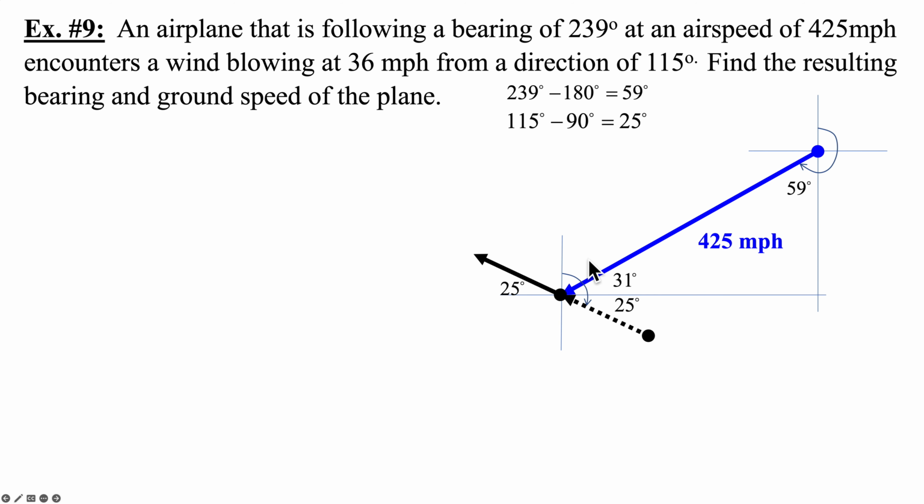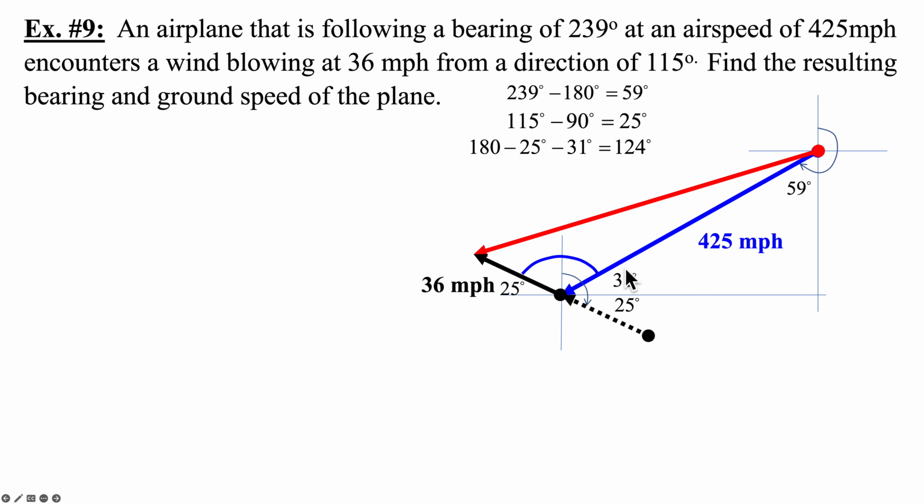And now let's see the angle. That's my 36. We can find our resultant vector, and we can also find this angle that the two vectors make up. Since you have a straight line, 180 minus 25 minus 31, that's a 124 degree angle right there.